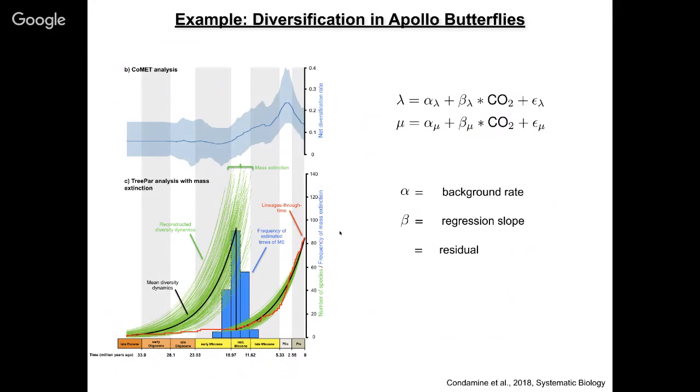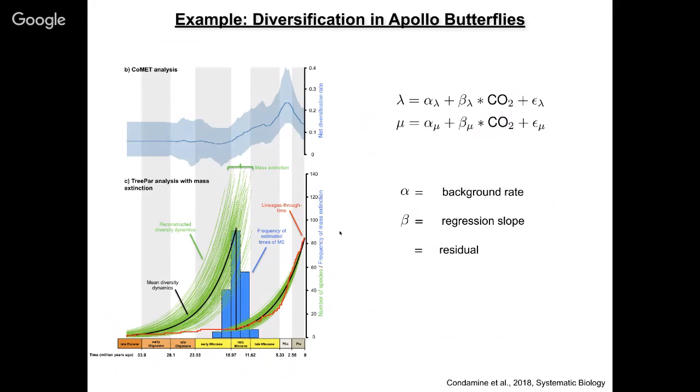So when we have the speciation rate lambda, we say that it is built up by a regression function where we have alpha, the intercept or the background rate of speciation, plus beta of lambda, which is just the regression slope, times some environmental variable.